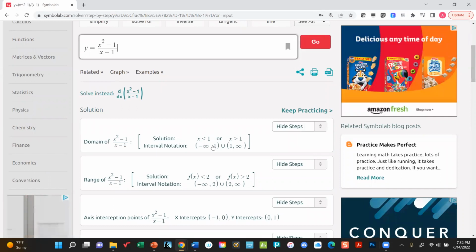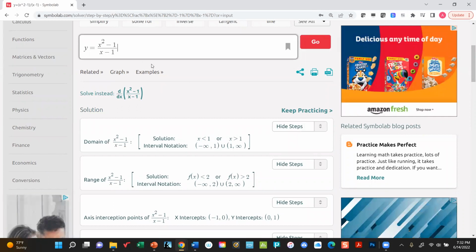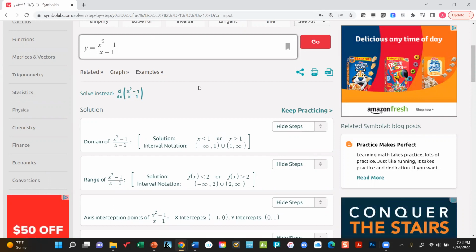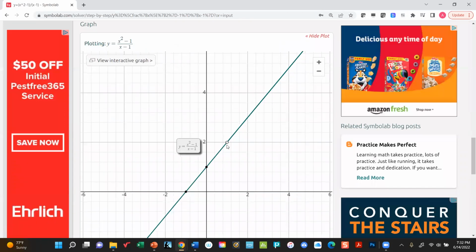If you notice, the domain is all values of x except for 1, of course, because that leads to division by 0. So when we go to graph this, now this is interesting. The point (1, 2) is undefined. There's a hole there because that would lead to division by 0.